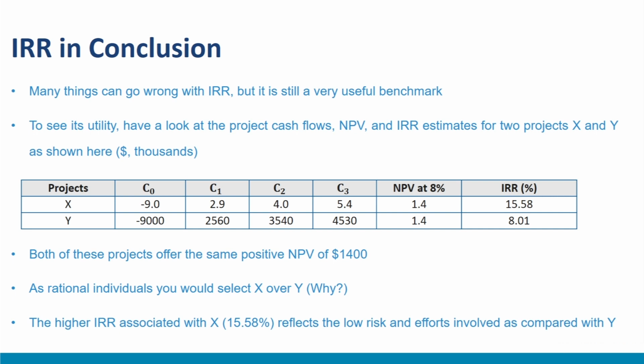As rational individuals, I am quite sure that you would select project X over Y. Why? Investing in project X is clearly attractive as it offers you $1,400 by investing only $9,000 as against $9 million in project Y. This also reflects the higher IRR of X, that is 15.6%, as compared to that of Y, that is 8%. A qualitative argument in favor of project X goes like this.